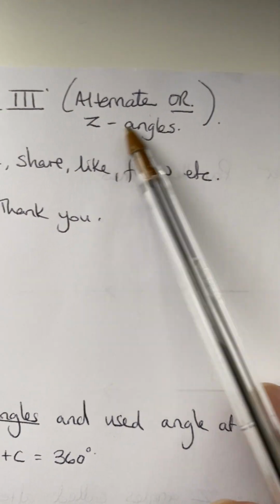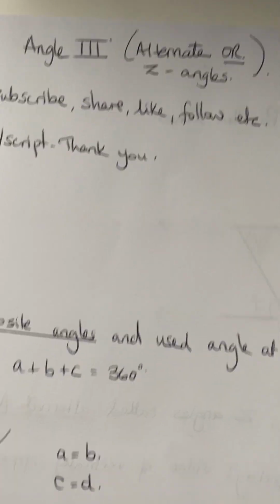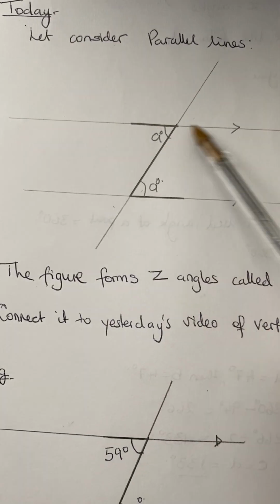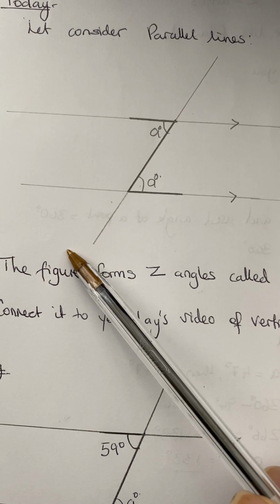We want to look today at alternate or Z angles. I'll tell you why they call it Z angles. So if you look at this diagram carefully, after the parallel lines, I've drawn a line straight across.